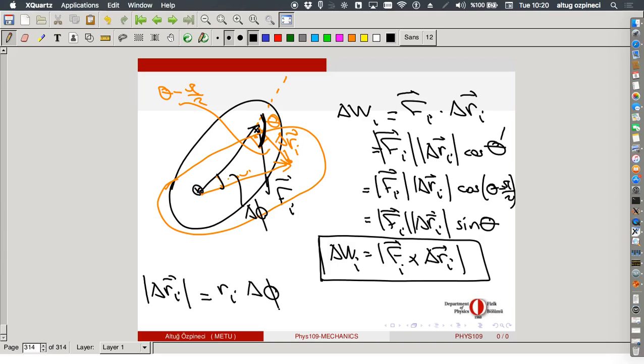So this is the delta R, the displacement of this point under the influence of this force F. By the way, there might be other forces acting on my system. But the important thing is that the object is rotating. This rotation need not be caused by this force F. The point at which the force is acting is also being displaced.